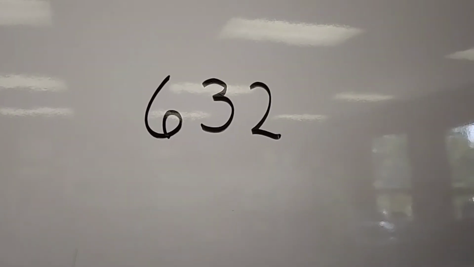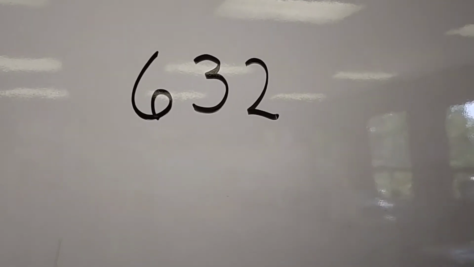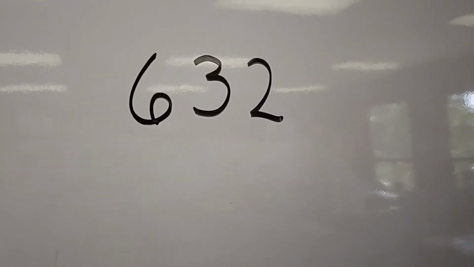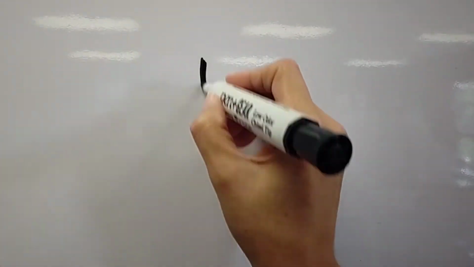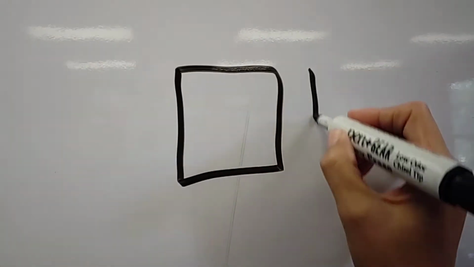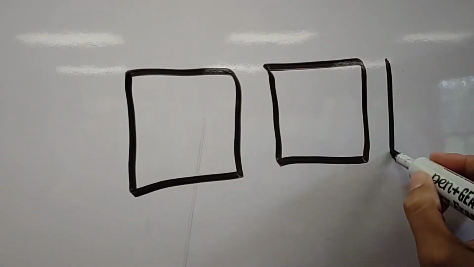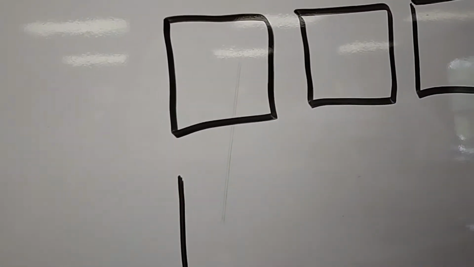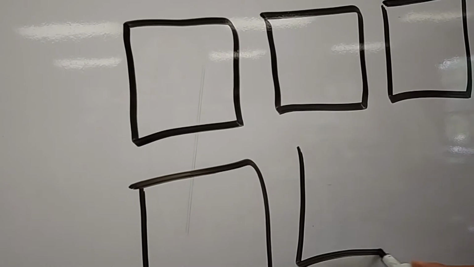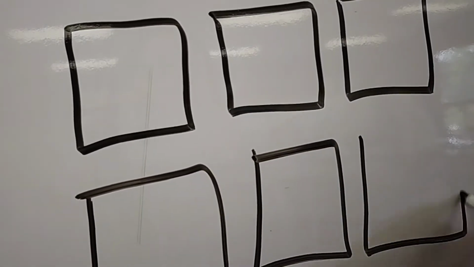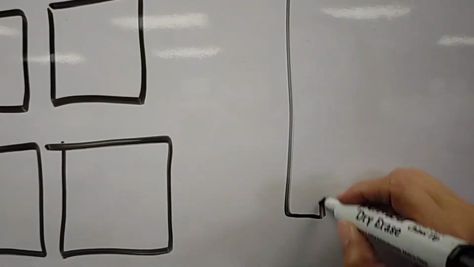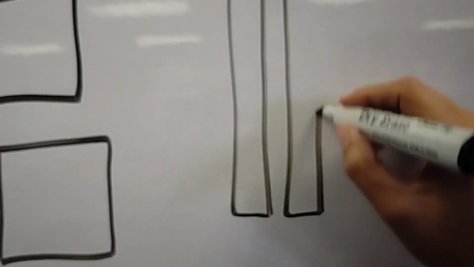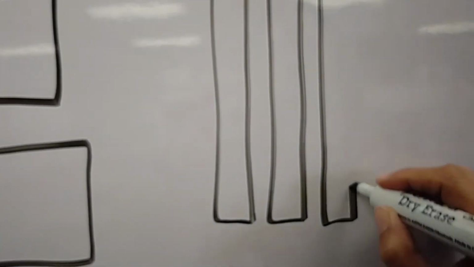So let's say you're at home and you don't have base 10 blocks. What can you do? You can draw them. So we're going to need 6 hundreds flats. And you can draw 6 cubes. And there are your 100 flats. Now for your rods for your 10s, we need 3. 1, 2, 3.